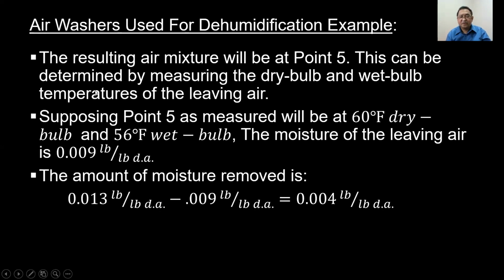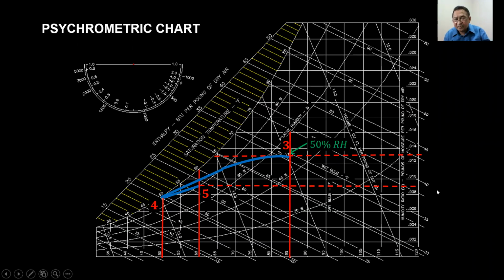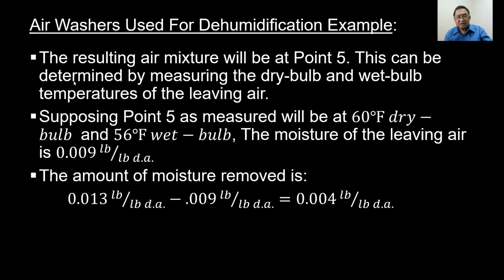Supposing point 5 is measured at 60 Fahrenheit dry bulb and 50 degrees wet bulb, the moisture of the leaving air will be 0.009 pounds per pound of dry air. So the amount of moisture removed is 0.013 minus 0.009, which is equal to 0.004 pounds of moisture per pound of dry air.